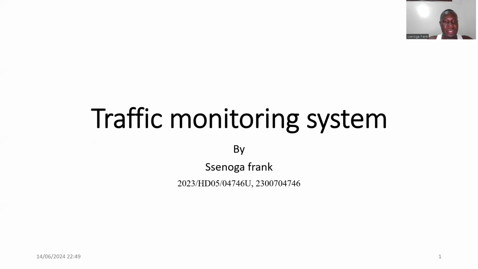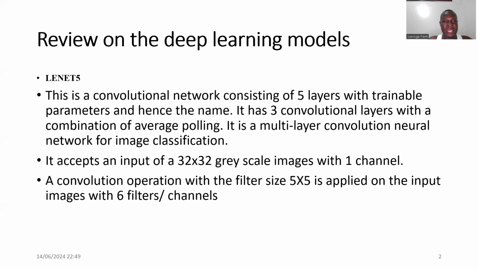So I began with a review of the deep learning models that are used in computer vision. I looked at LeNet. LeNet is a convolutional neural network consisting of 5 layers with trainable parameters. So it has 3 convolutional layers and two other layers, making them 5.